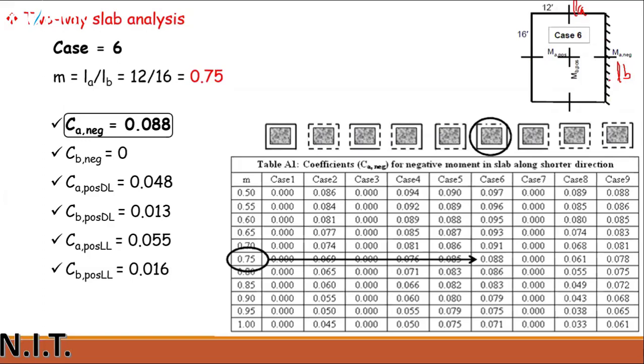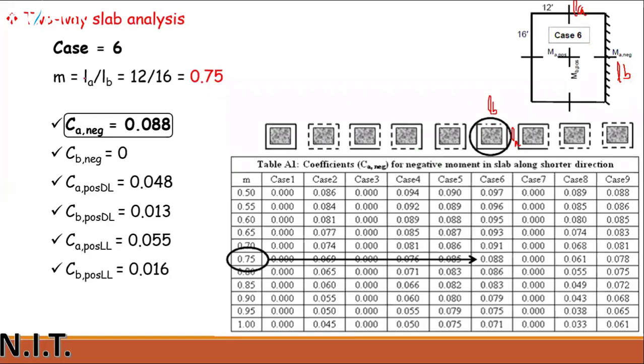So you need to find the case in which one LB side is continuous. I have case number 6, in which one LB side is continuous. You can see this side is LB, this is LB, and this side is LA. So LB side is continuous, and that's why we have decided that this is case number 6.